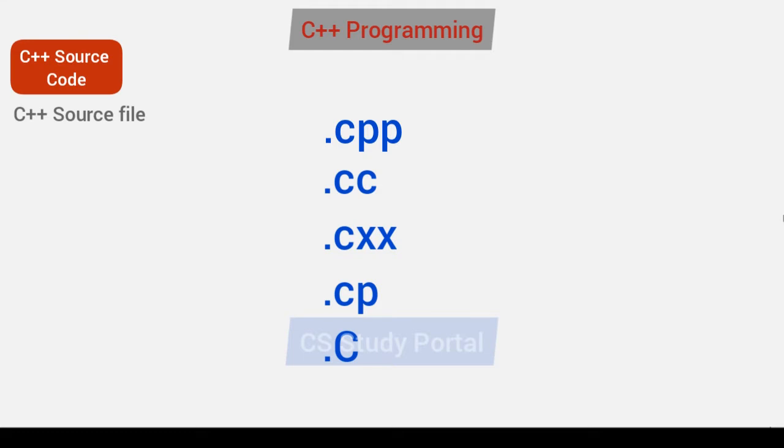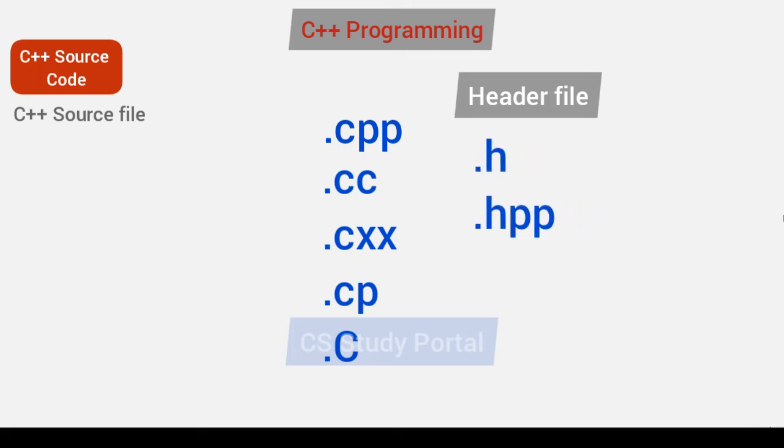Now, along with this file, there is another type of file which is used for writing the source code in the C++ programming language, and they are called header files. These header files will have the .h or .hpp extension.